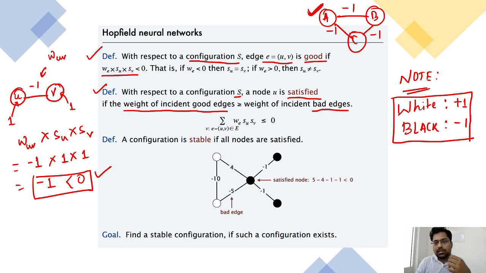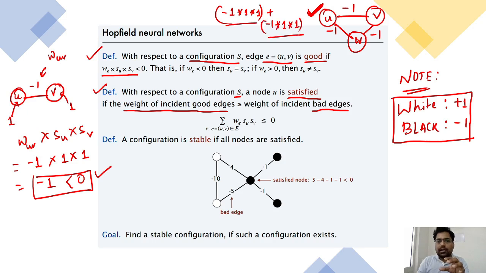Suppose I'm focusing on this one as U, and next V, and this is our W. For this U, I multiply -1 into 1 into 1, plus, because there is one edge towards this and one edge towards this, then -1 into 1 into 1.